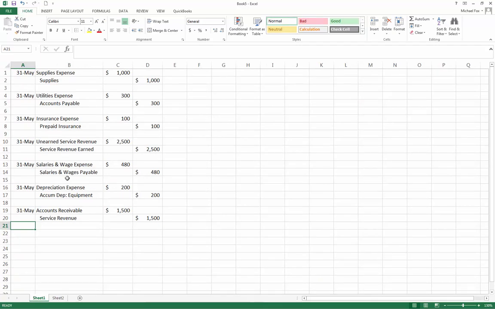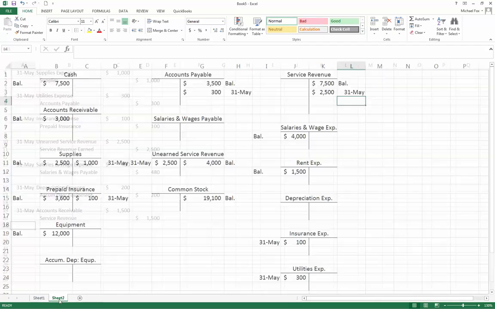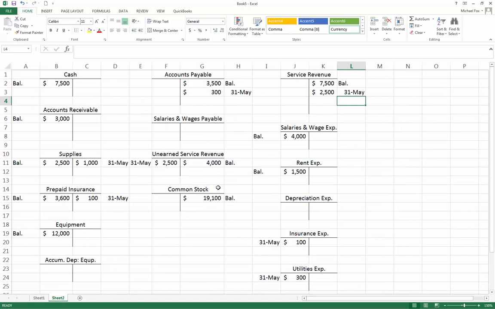Salary and wage expense, salary and wages payable 480. Salary and wage expense, and salaries and wages payable. Whoops, I did that wrong, didn't I? This should be salary and wage payable and the salary and wage expense.